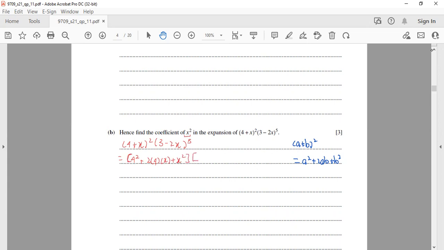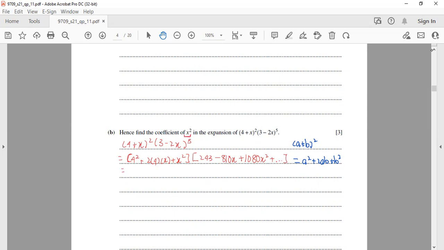Into this, we take the answer directly from part A. For part A, we have 243 minus 810x plus 1080x squared, and so on. We don't need a term greater than x squared because we are finding the coefficient of x squared.